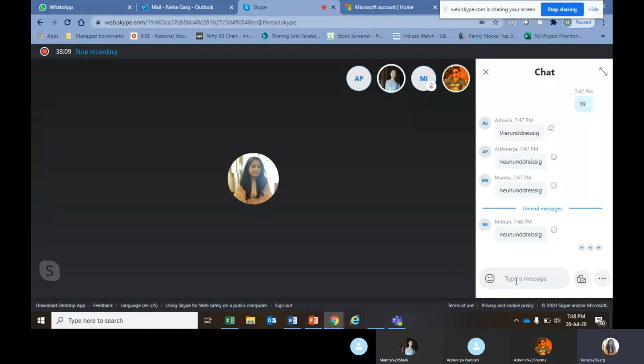Ashwini, can you write 39? Okay. So first you would be writing 9, then you would be placing und in between, and then you would be writing 30. And remember, 30 is an exception when we write.